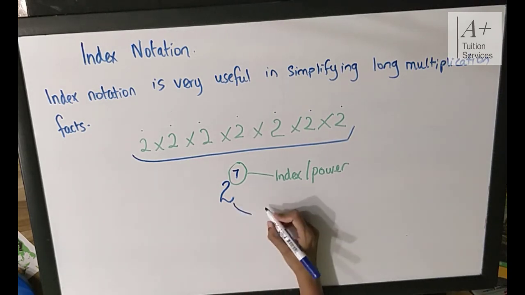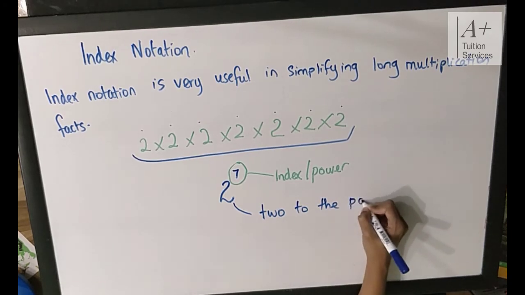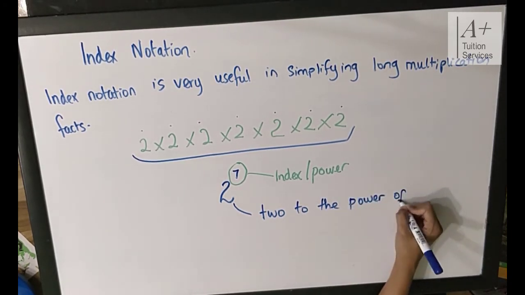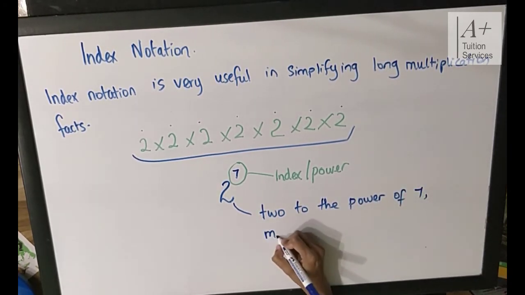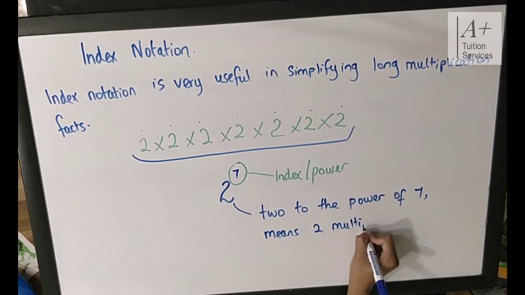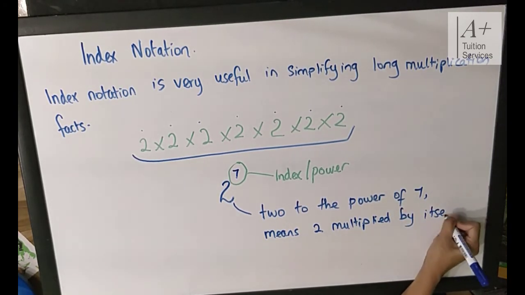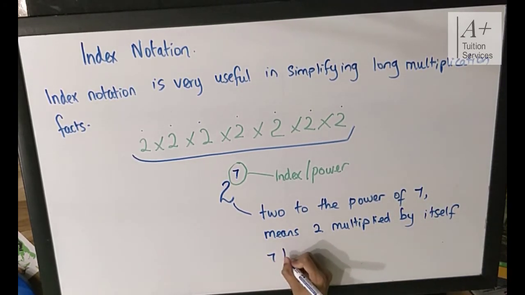If I write this out in words, 2 to the power of 7 means 2 multiplied by itself 7 times, right? So just pause the video and take down this note, and we're going to do some worked examples now. Okay?